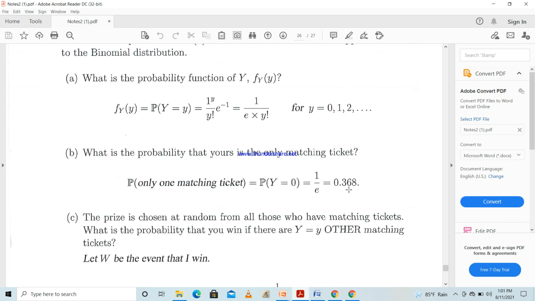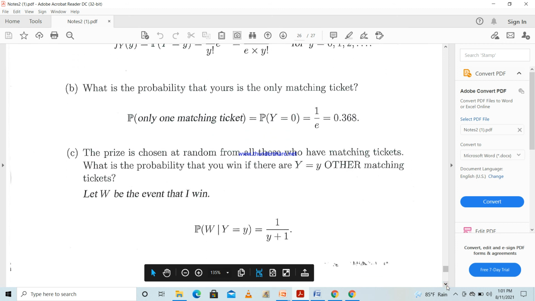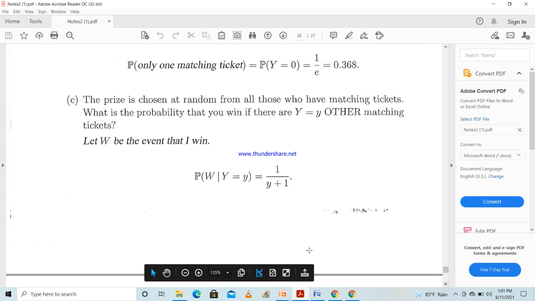But what will happen? The prize is chosen at random from all those who have matching tickets. Then what will be the probability that you win if there are y other matching tickets? Let's take W as the event that you win.